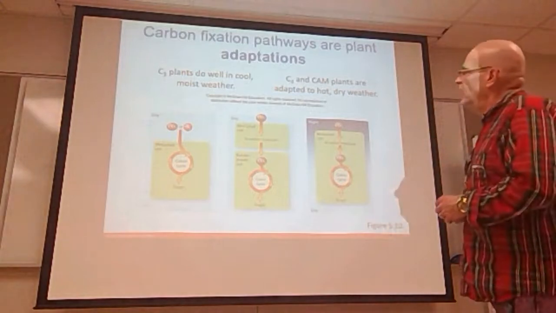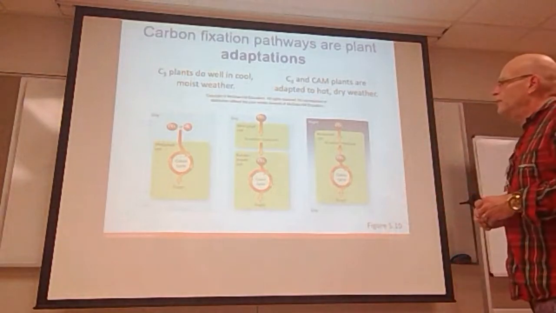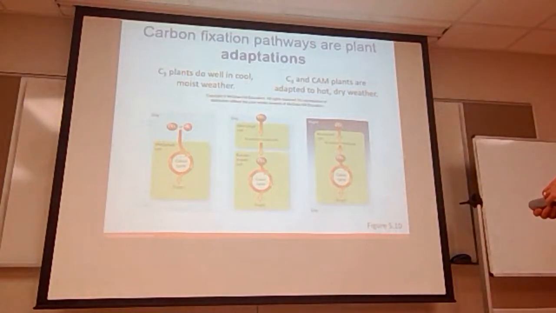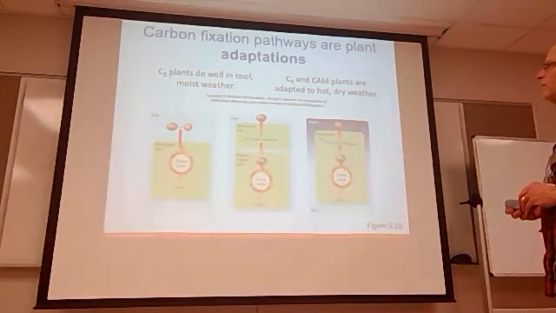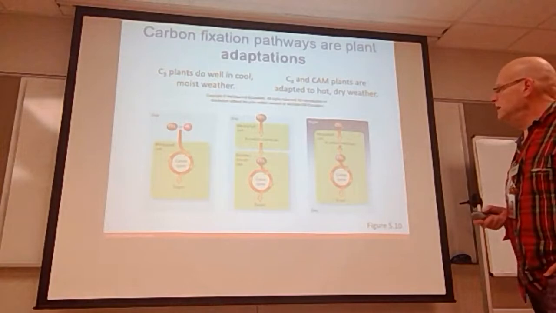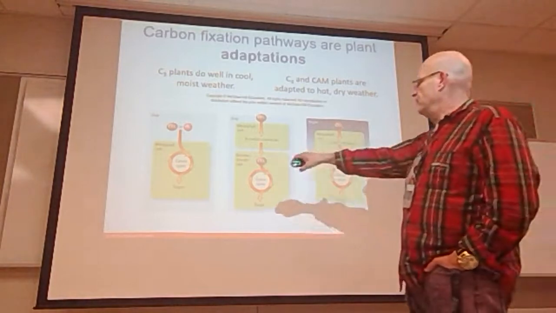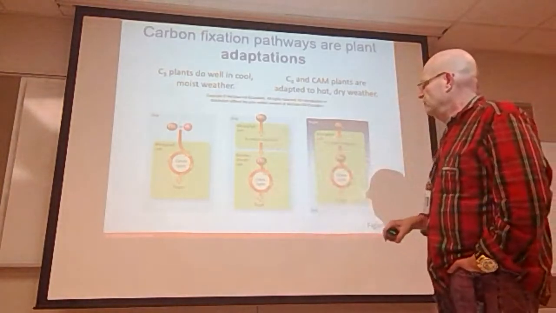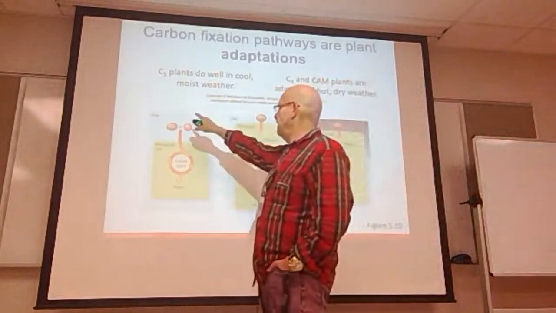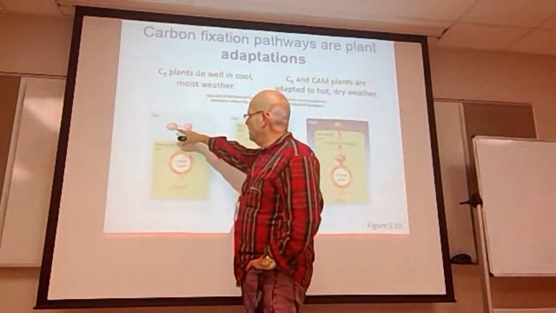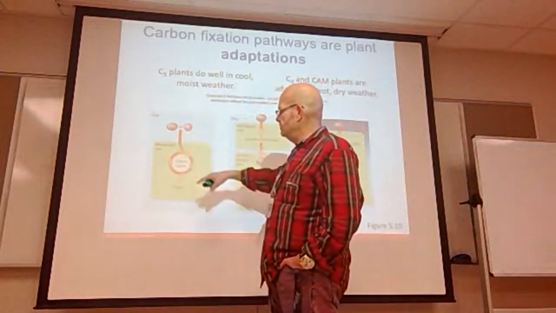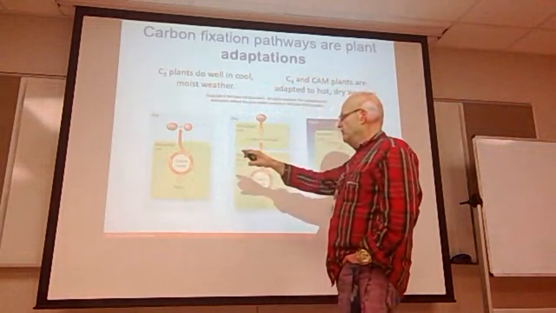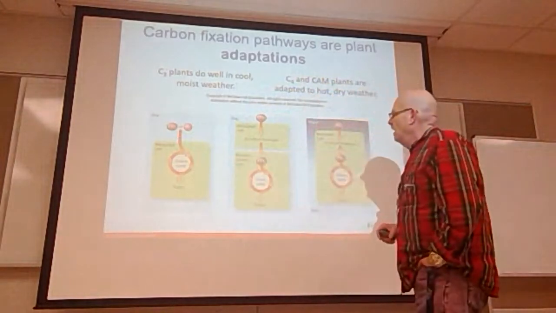The C3 plants do well in cool, moist weather. C4 and CAM plants do better in weather that is hot and dry. Again, you see the example here is the C3 plant. This is what goes on during the day in a C3 plant. You take carbon dioxide or oxygen, and it goes into the Calvin cycle, which again, those are the carbon reactions.